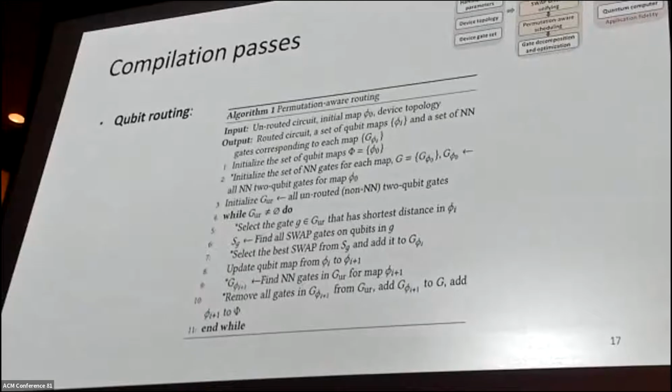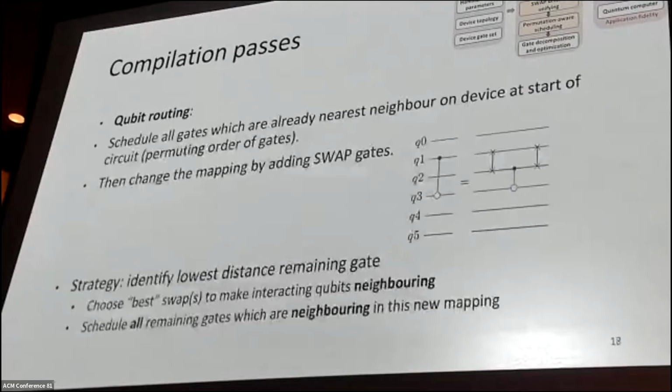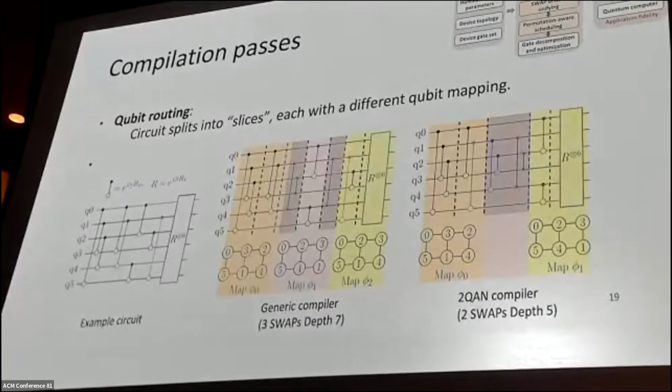Then you have to consider routing. So the mapping you've chosen initially has not put all of your interacting qubits in contact with each other. So you're going to have to add additional swap gates. And what Toucan does is it generates a sequence of maps, each of which is generated by adding a swap gate to the circuit.